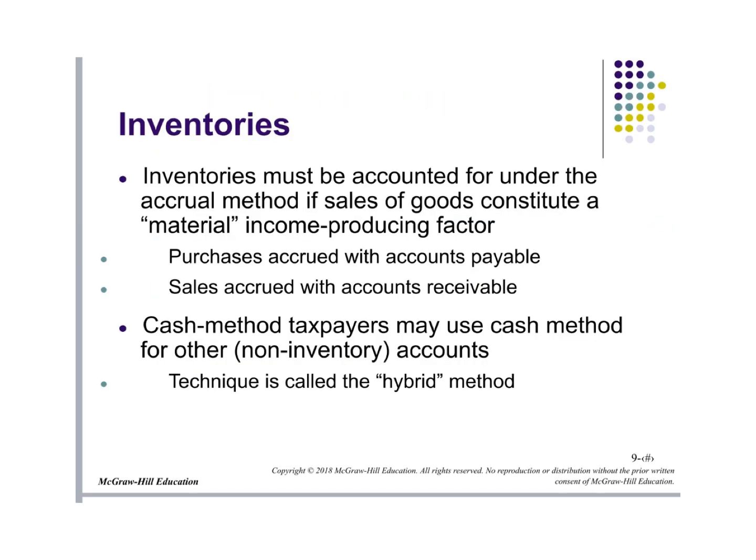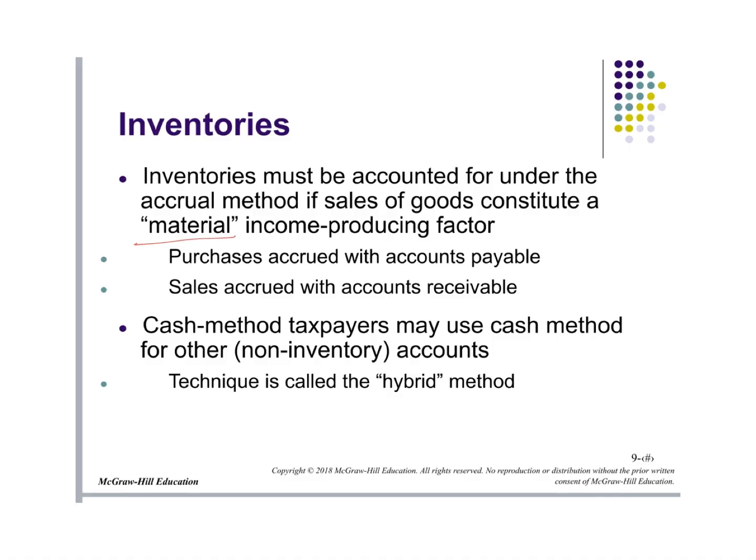Now, just to make it a little bit more complicated, because again, this is tax and we like to do that, inventories must be accounted for under the accrual method if the sales of goods constitute a material income producing factor. So if you have the sale of inventory as a material portion of your business, you have to take care of inventories and the accounting under the accrual method.